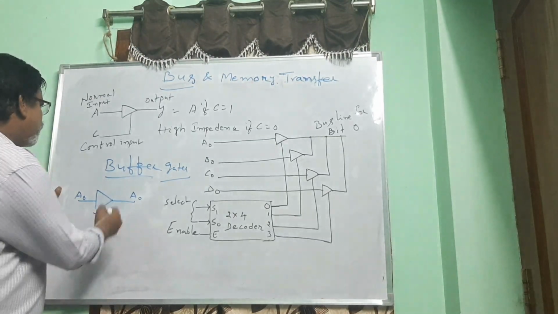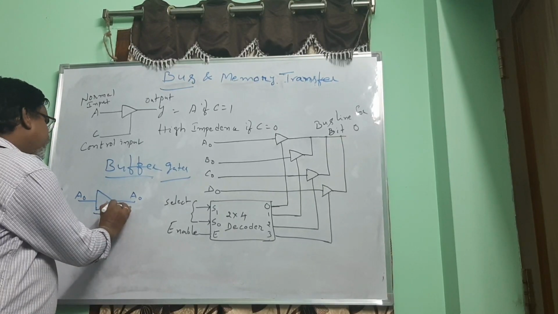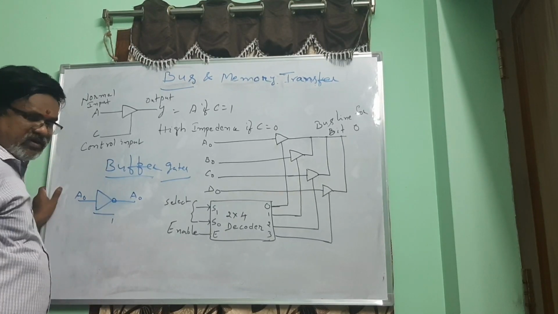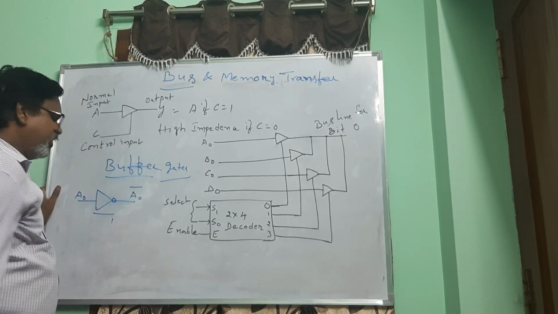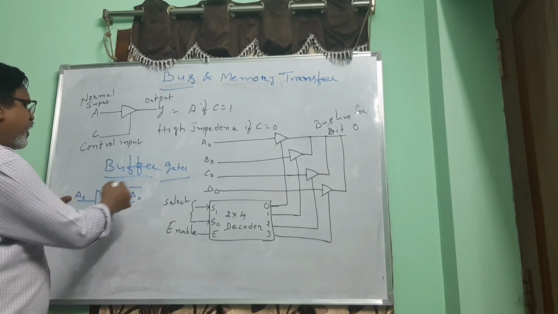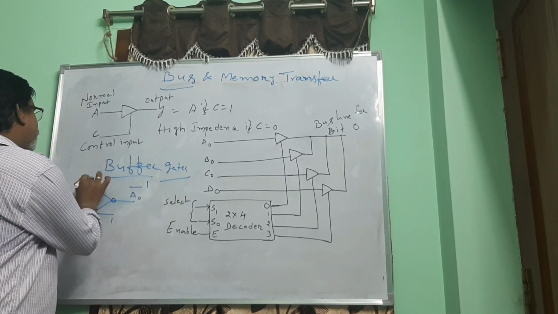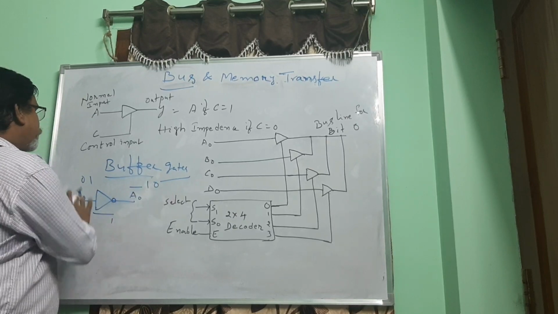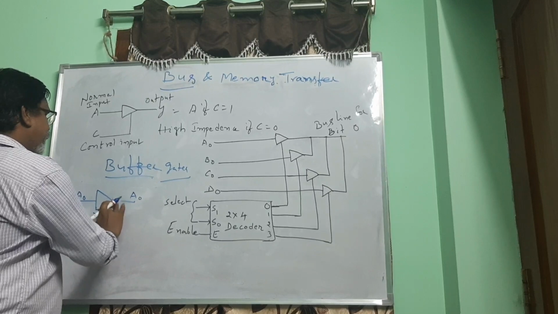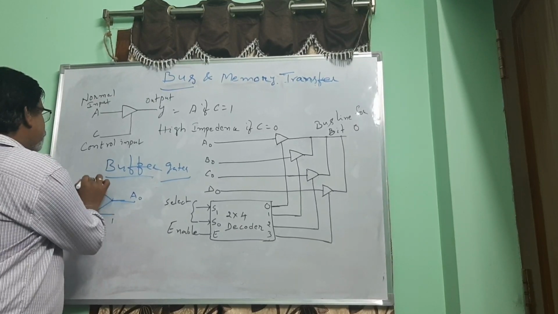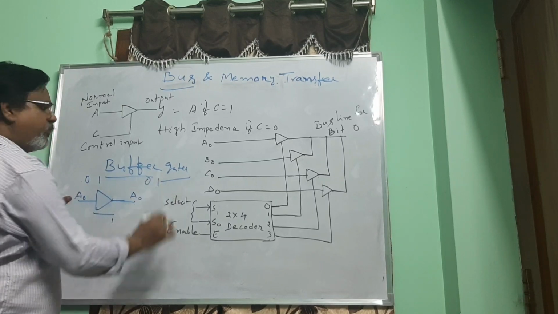The difference between NOT gate and buffer gate is that the NOT gate has a bubble, where the complement is produced. If the input is A0, the output is A0 bar: if it is 0, the output is 1; if it is 1, the output is 0 for a NOT gate. But for a buffer gate, if the input is 0, the output is the same; if the input is 1, the output is 1.